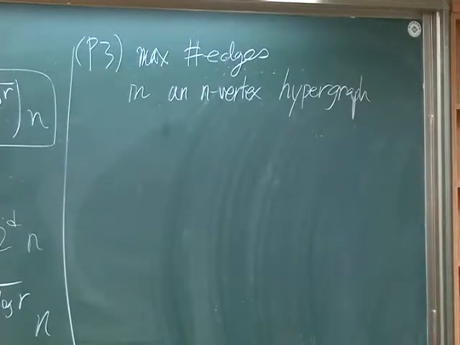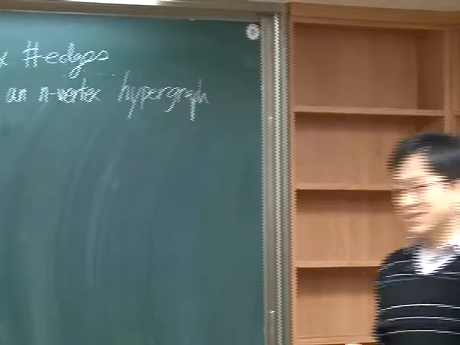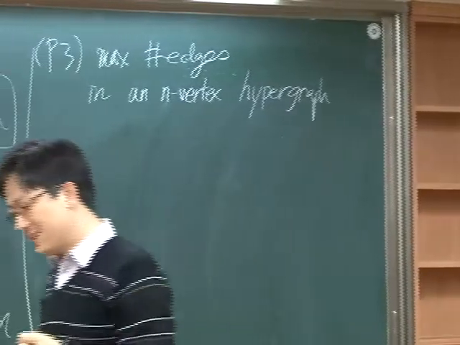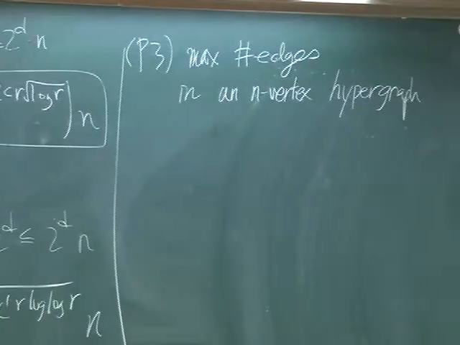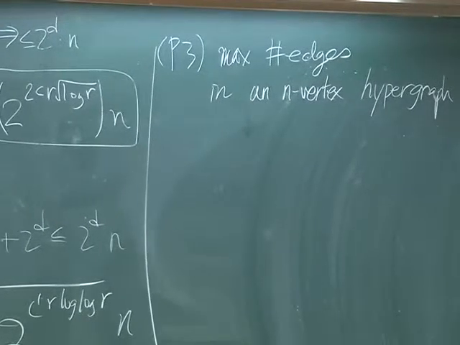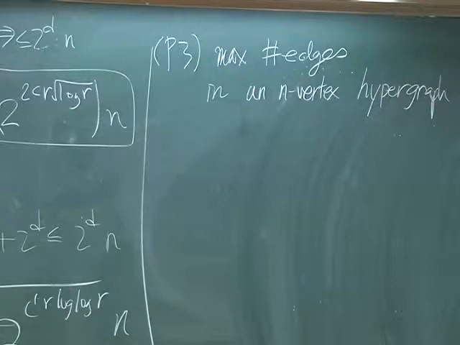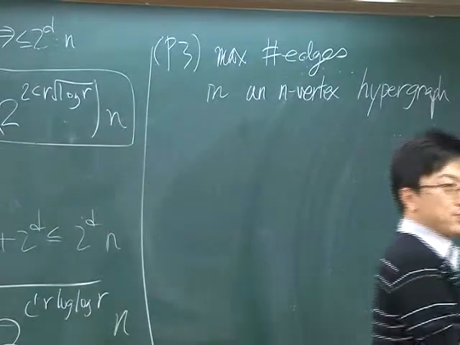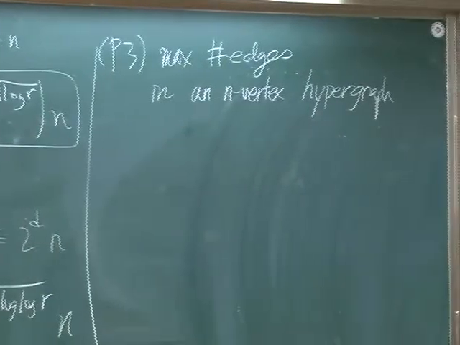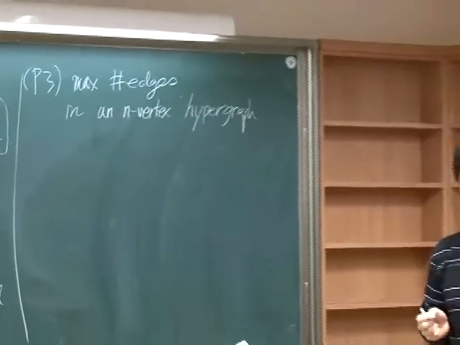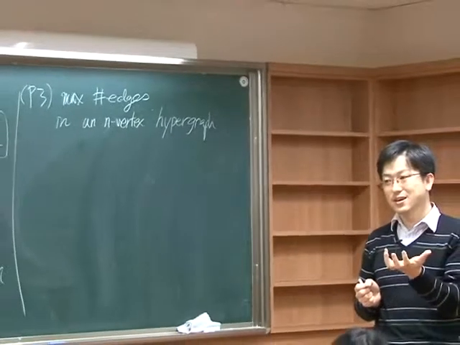A hypergraph is what? You can think of a graph as a pair of a set of vertices and a set of edges, where edges are subsets of size 2. In a hypergraph, you don't restrict edges to have size 2. You can have any subset of vertices as edges.